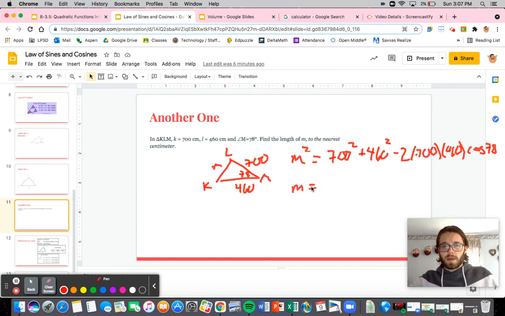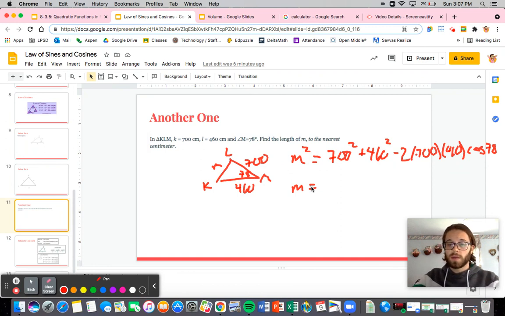And let me just plug that into a calculator. So I want cosine of 78, 460, 700, 460, 700.